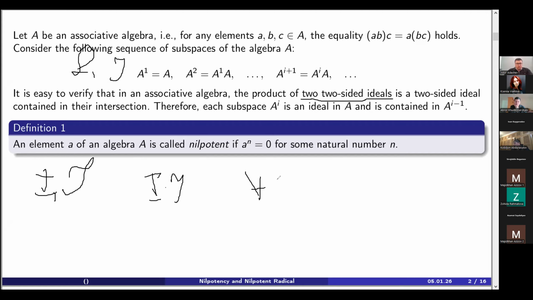Take any element x in I, any element y in J, and any element b in the algebra.